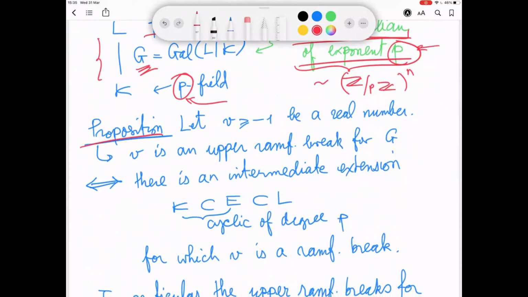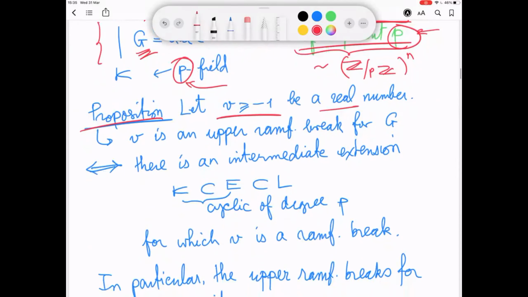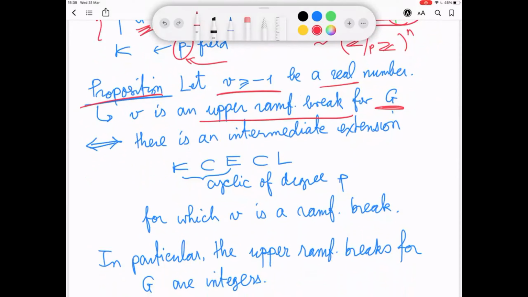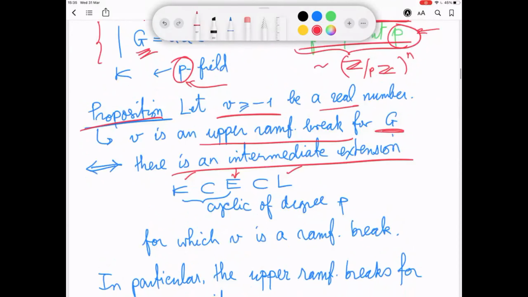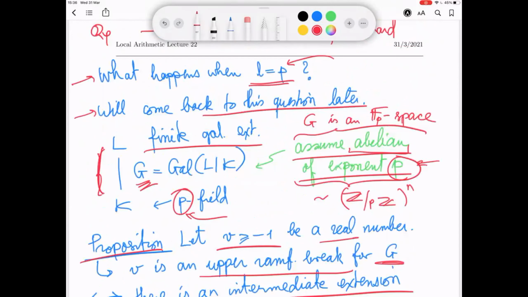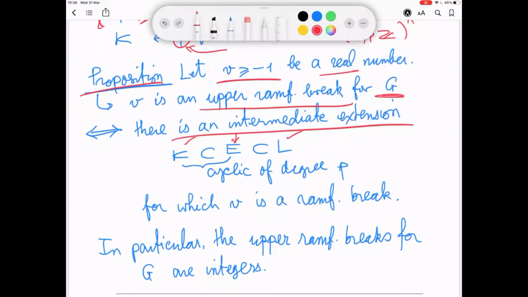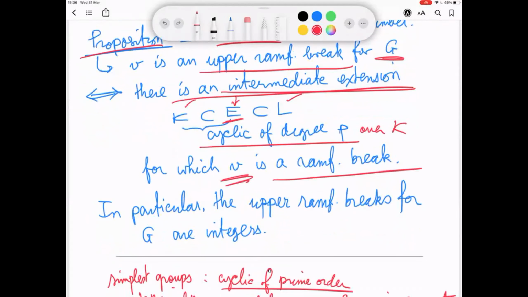Then the proposition says that a real number V is an upper ramification break for this group G if and only if there is an intermediate extension E between K and L which is cyclic of degree P over K, and for which V is a ramification break.